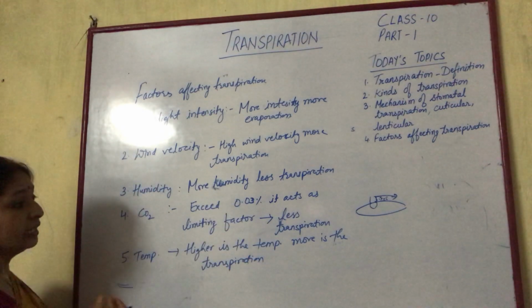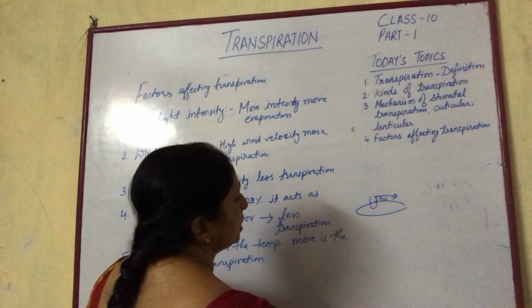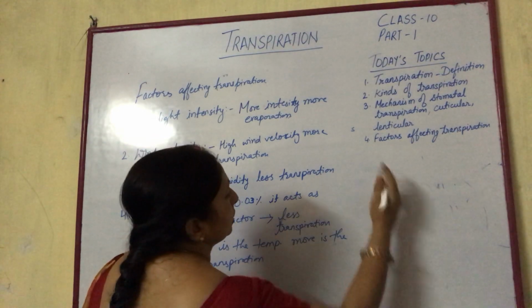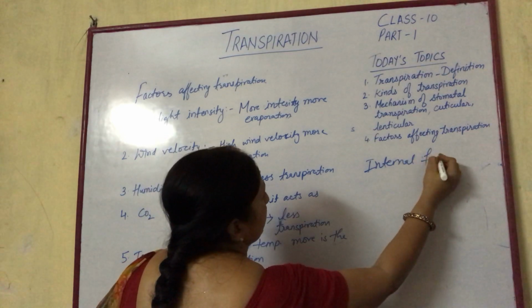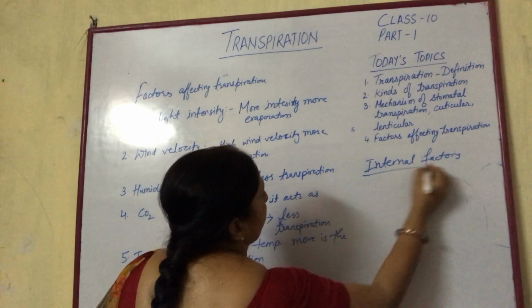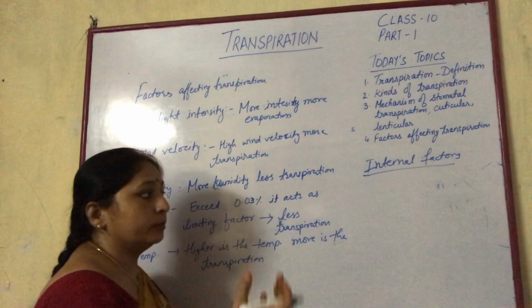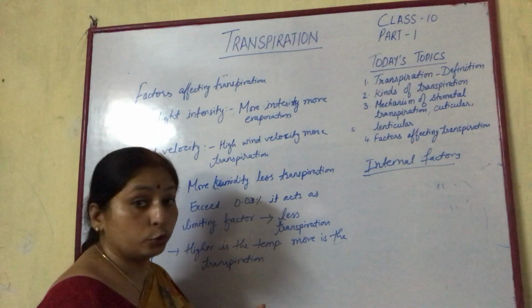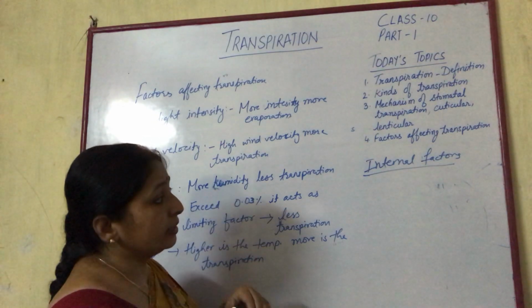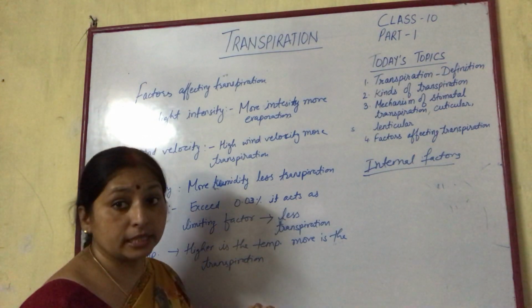Then internal factors are also involved in this, like the amount of water absorbed by the plant. If the amount of water absorbed by the roots is less, then it results in flaccidity of the cells.